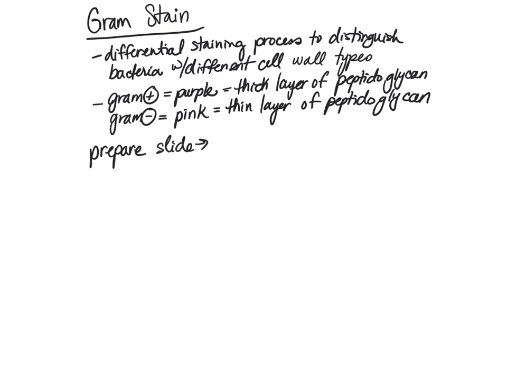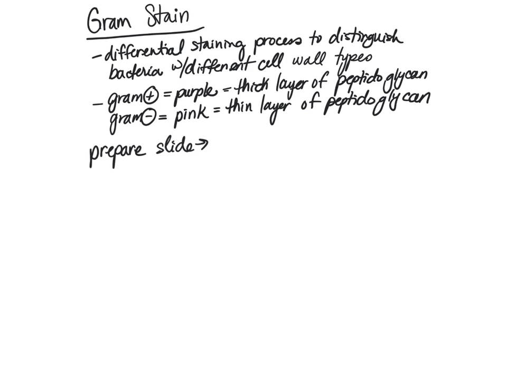When you prepare the slide, what you want to do is add your bacteria to the slide. Typically the way that's done is either coming from a broth, you put just a drop of broth so that you add the solution with the bacteria. If you're taking it as a sample, like scraping it from an agar plate, then you're going to add that to a drop of water, and we'll go into that in more detail in the laboratory portion.